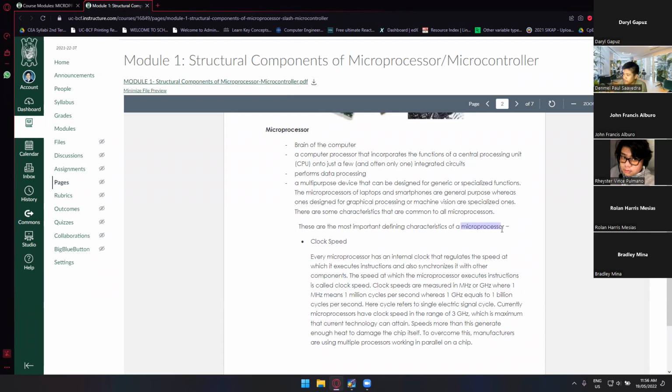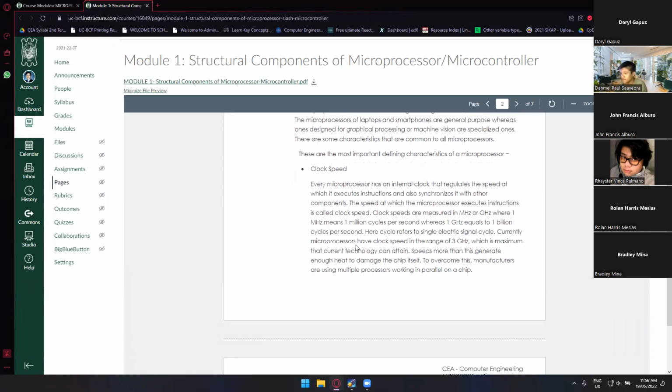One very important characteristic of a microprocessor is the clock speed. There are only two possible situations for the clock speed. One is the ready signal, where the processor is working normally. The other is interrupt, meaning it could be on pause mode, not processing anything, or it encountered an error. As simple as that for the clock speed.